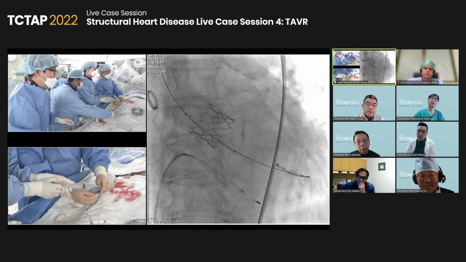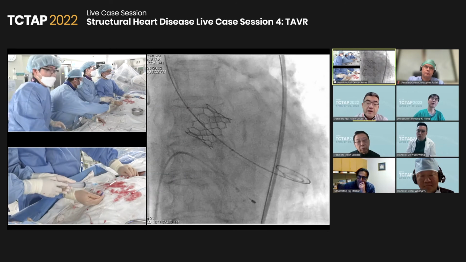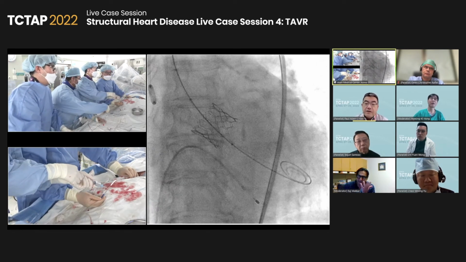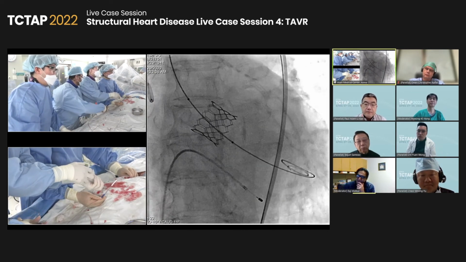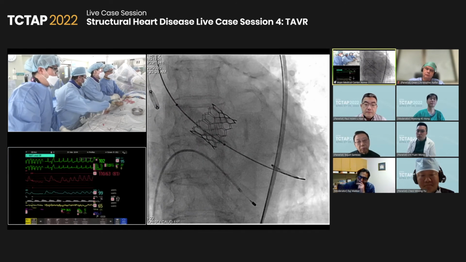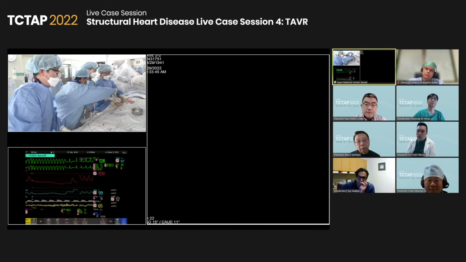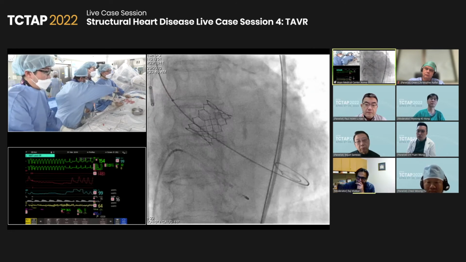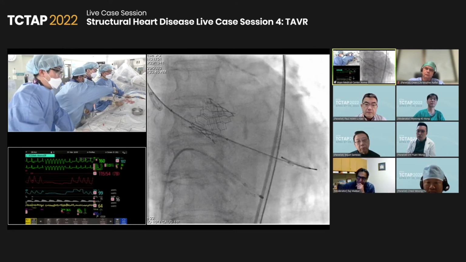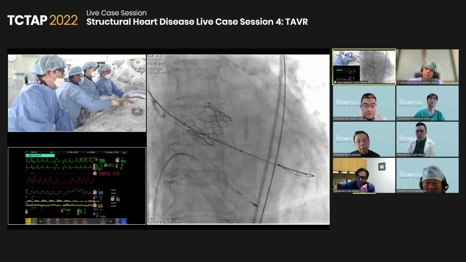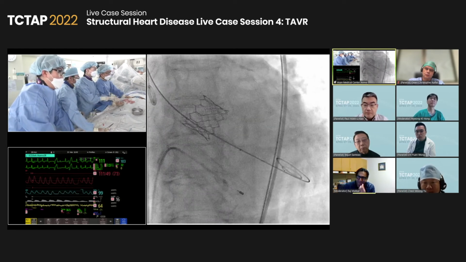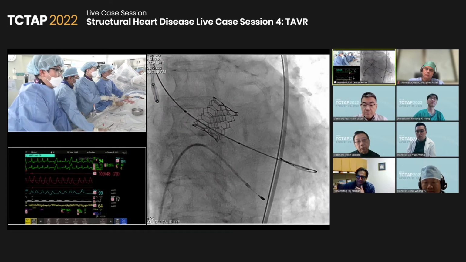From the CT, it was only 19. I think it is reasonable. Now, when we do these, I'm curious because of all these bioprosthetic leaflets, concern I always have on pre-dilate.